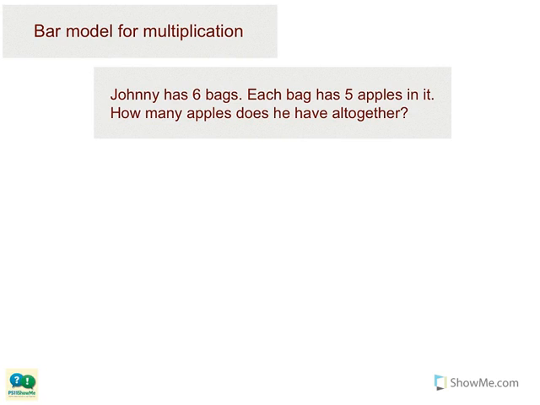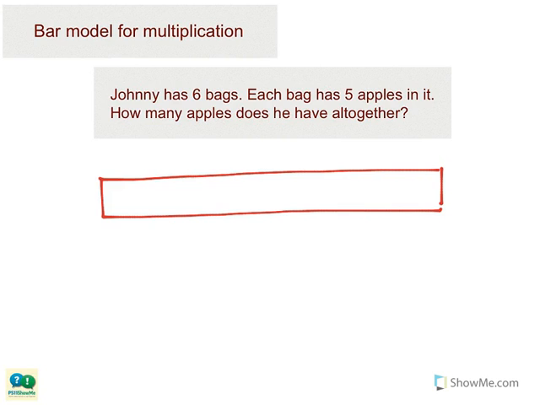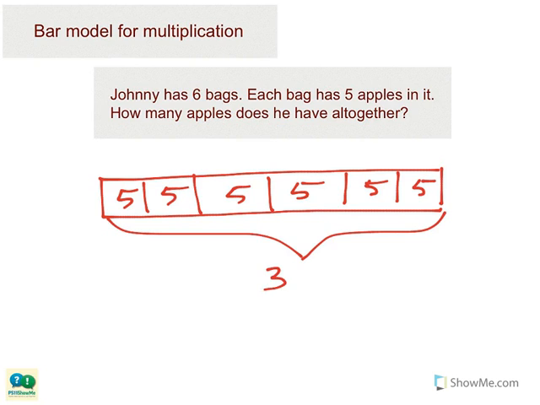Well, I see that there are 5 apples in each group, so I need to make sure that when I draw my bar model, I draw a bar model that represents 6 groups of 5, giving me a total of 30.